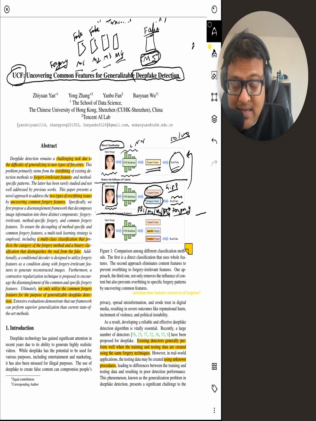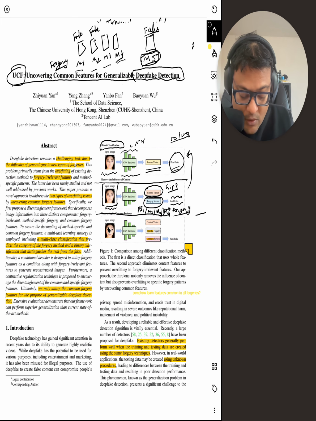So if you just disentangle content and forgery specific features, then the forgery features you obtain only correspond to the models which have been seen during training. And if during inference you have any other fake image generated by some other model, in our case M5, then it gets really difficult to do this job.